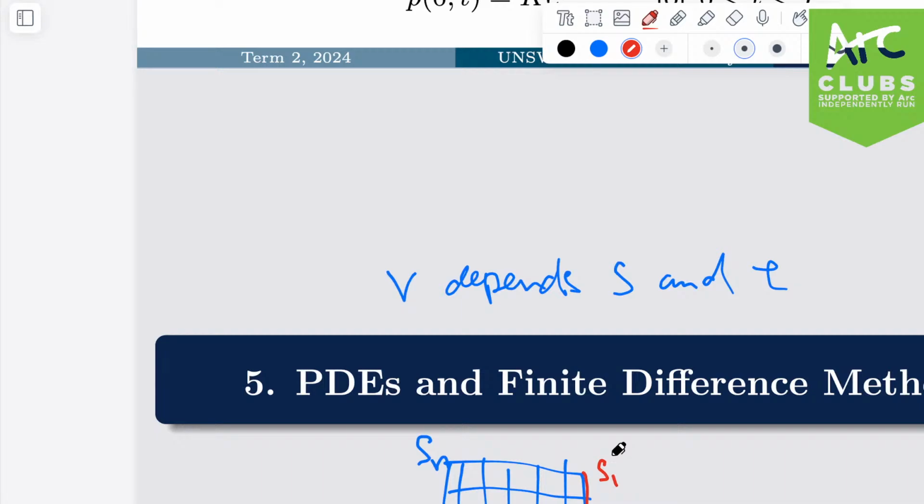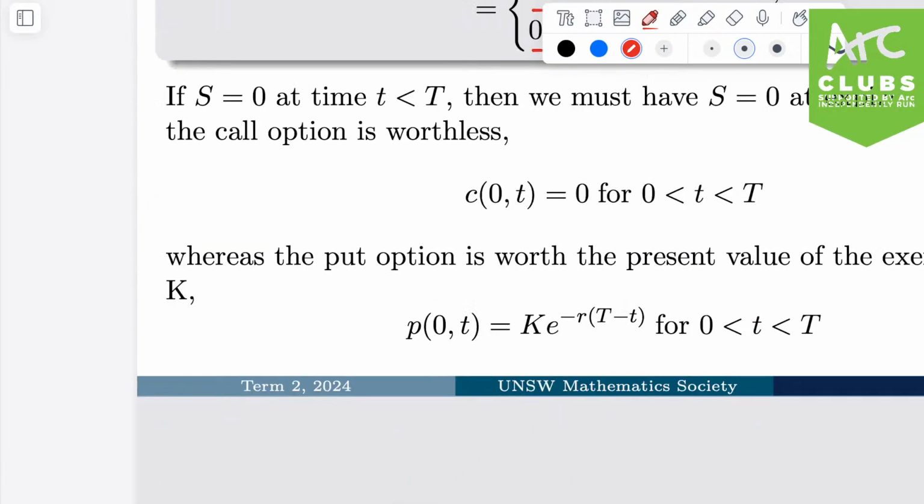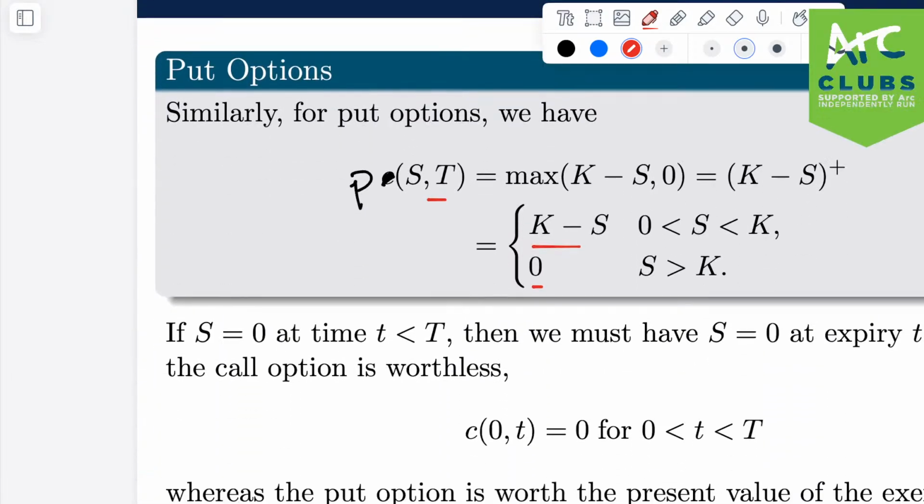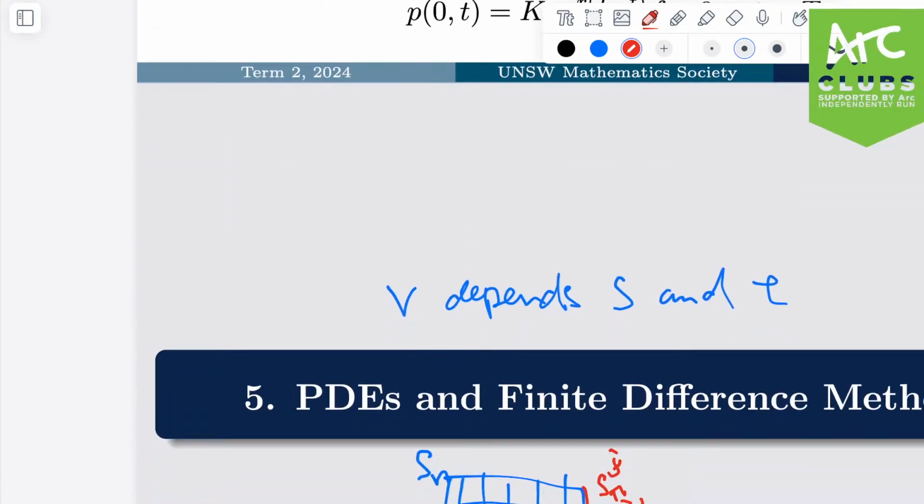Because no matter what the asset price is, let's say S_n^J, S_n^(J-1), until S_n^1, no matter what the asset price is, my V is always going to follow these two formulas. And I also have some knowledge at time 0, so I know the different asset prices at time 0.